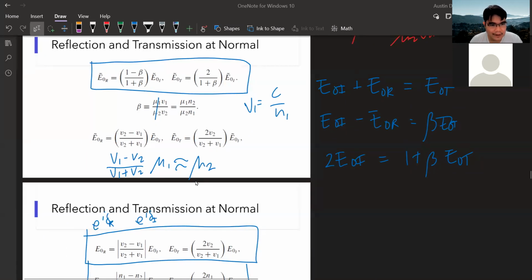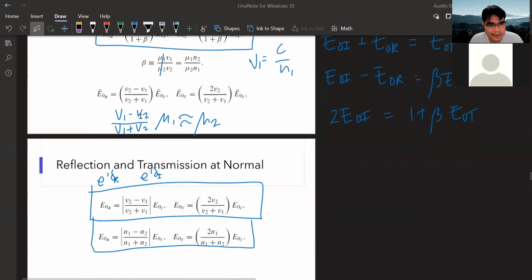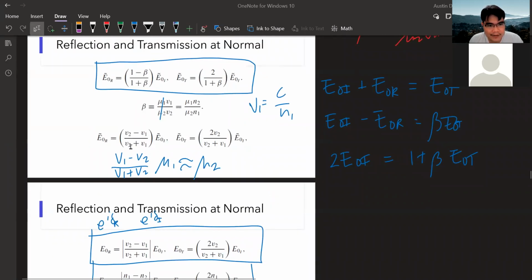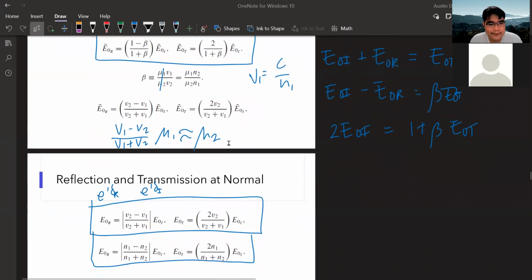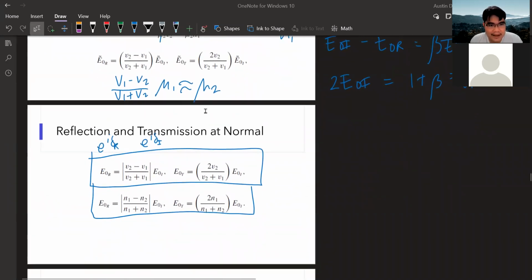So therefore, masisimplify mo yung equation na to, yung beta mo, in terms of the velocities. Okay? So, ito na lang matitira sa beta mo, V1 over V2, then you can expand things to obtain this equation. Okay? And then this is a complex wave, so lipat tayo sa real kasi ayun yung kailangan natin.